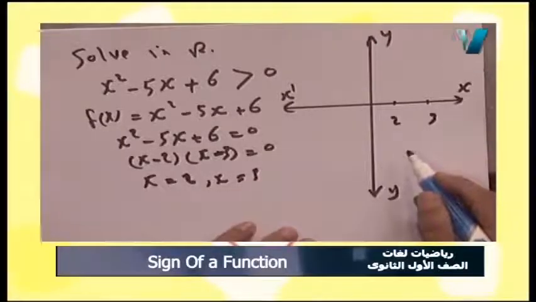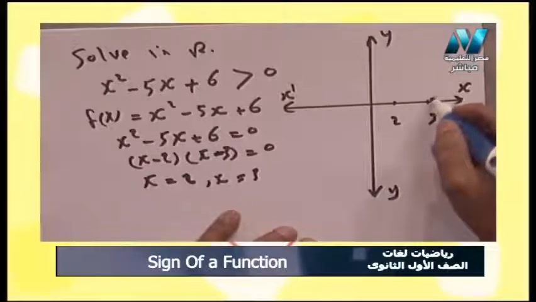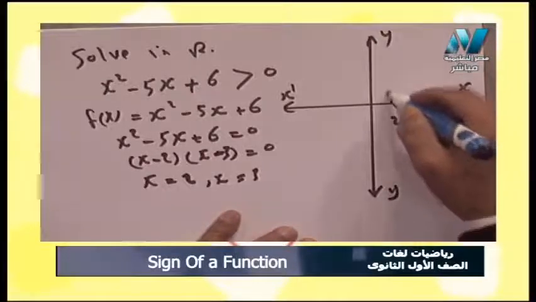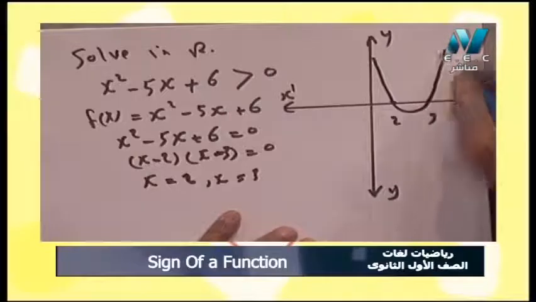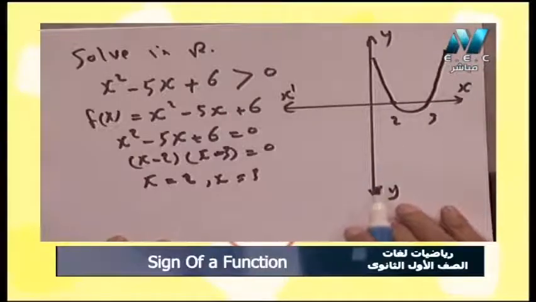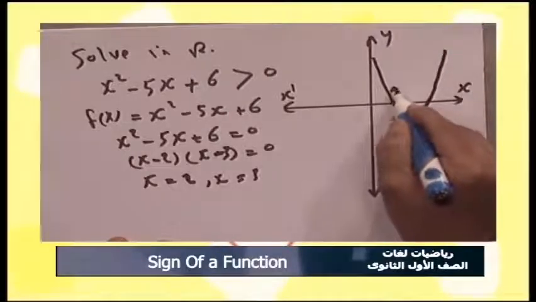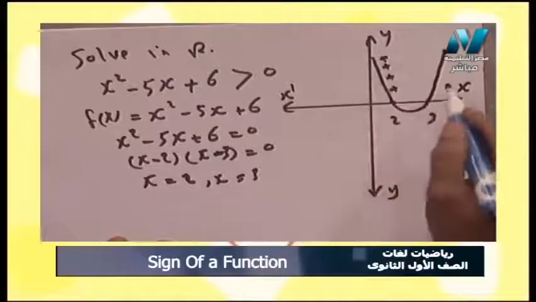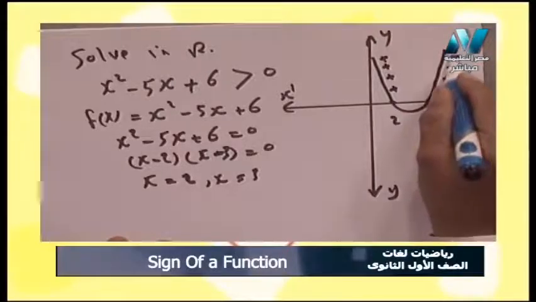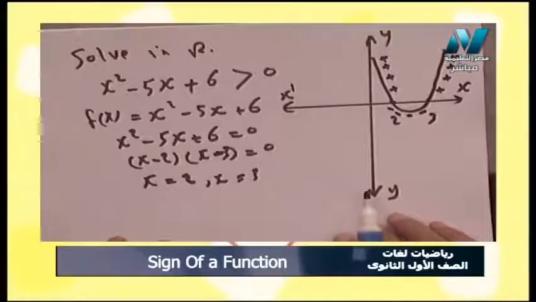And if we would like to graph it, of course, it will be like that. This part is positive, this part is positive also, but this part is negative, as we said.